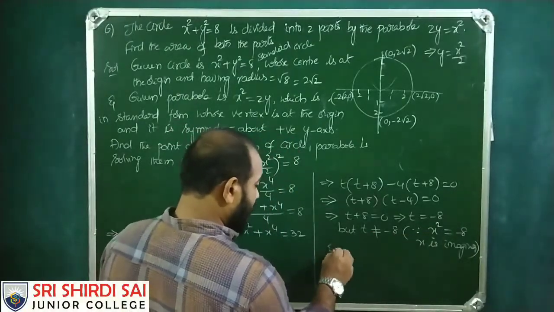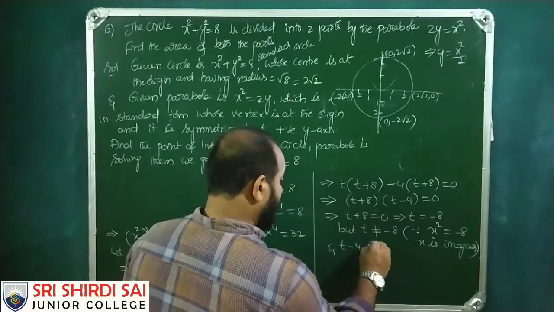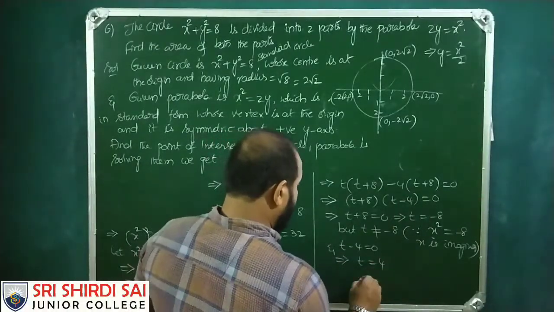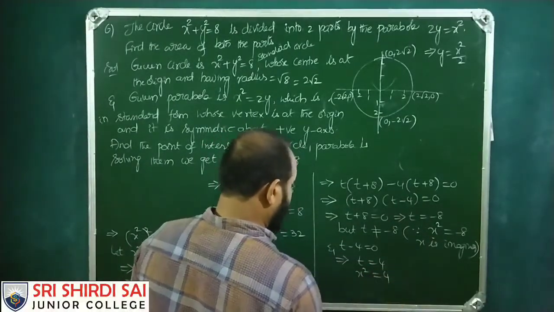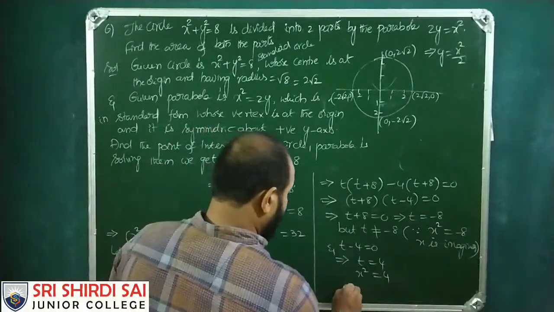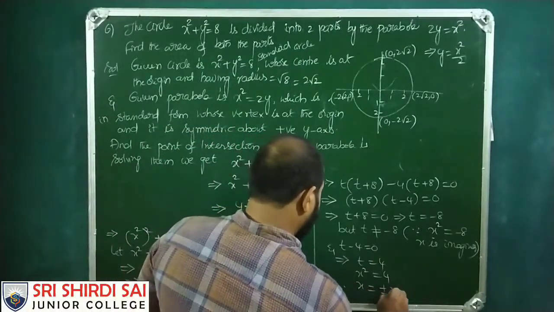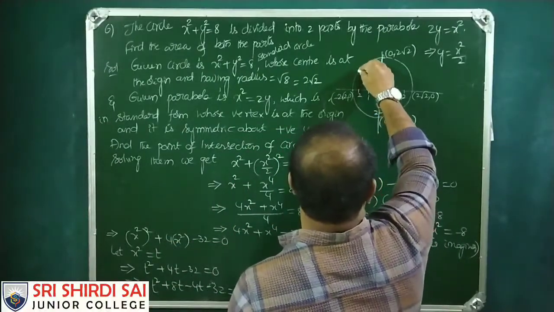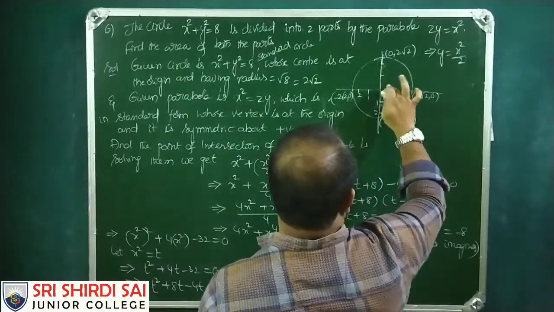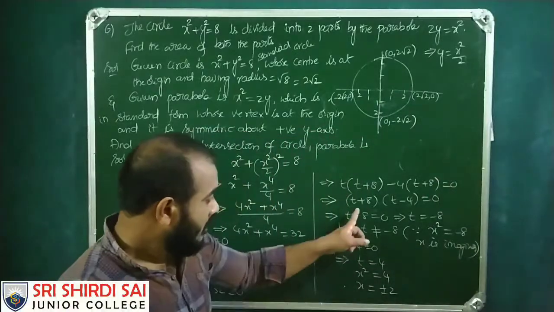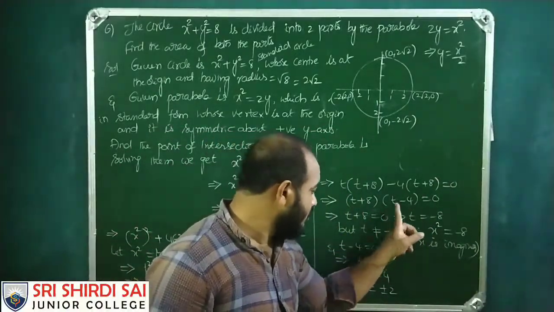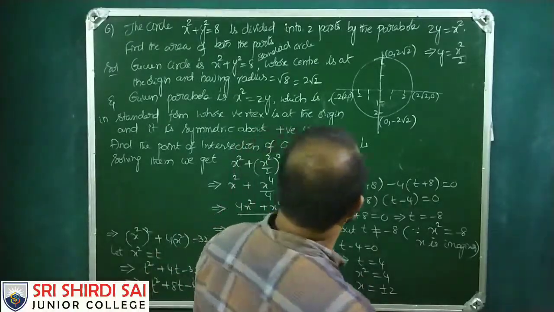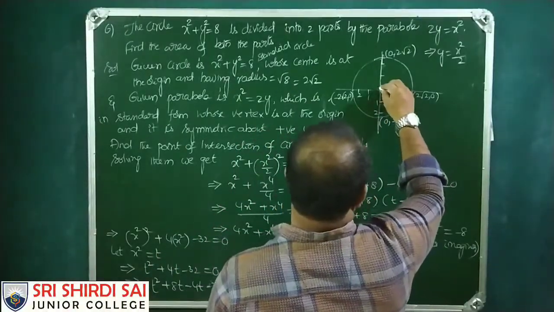And t minus 4 equals 0, that means t equals 4, that means x square equals 4. Therefore x equals plus or minus 2. See, didn't I tell you? This is t minus 4, so t is x square equals 4, x equals plus or minus 2. Therefore, this one.